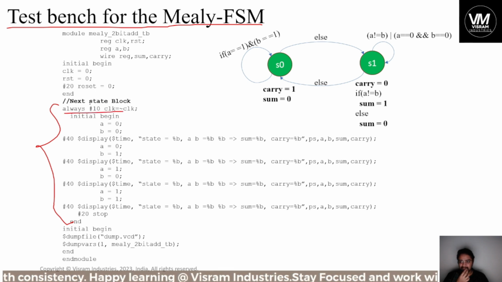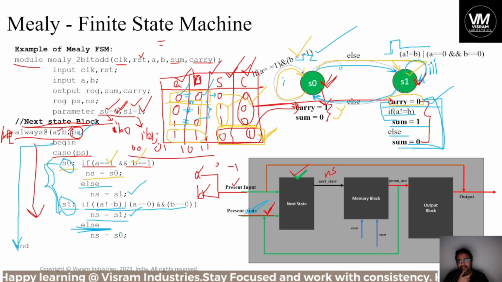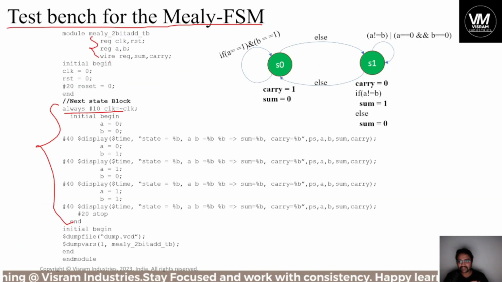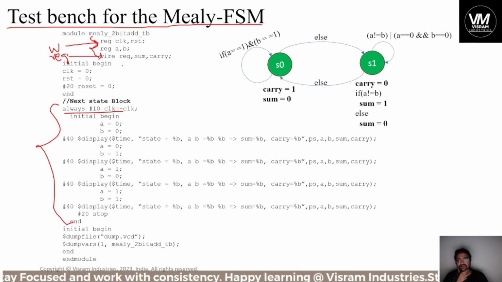In the initial begin, after declaring the registers and wires, whatever wires and registers are defined here can be taken as the opposite thing. Wires in the design can be registers now, and registers in the design can be wires here. So all inputs are registers in the design file.